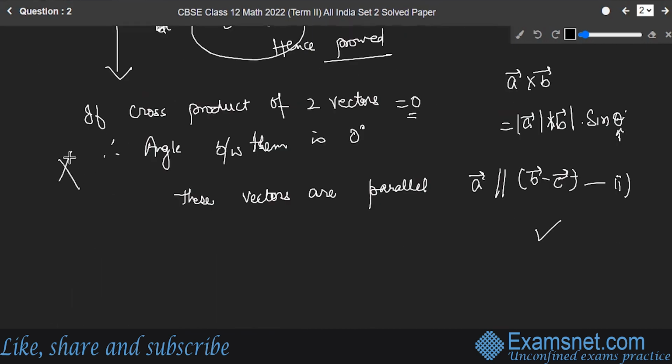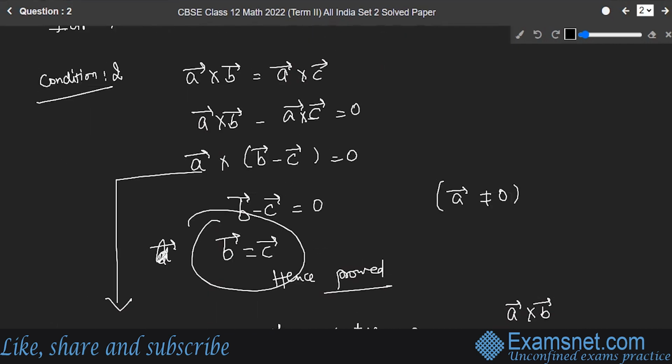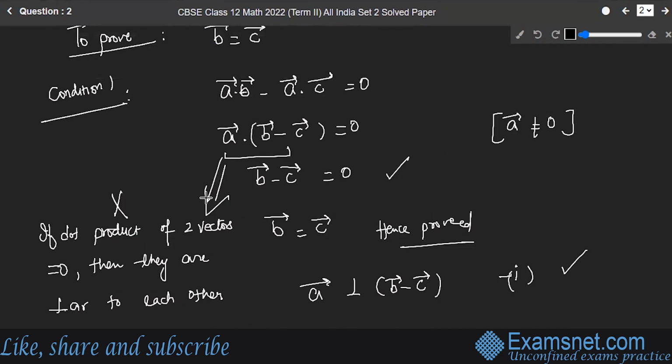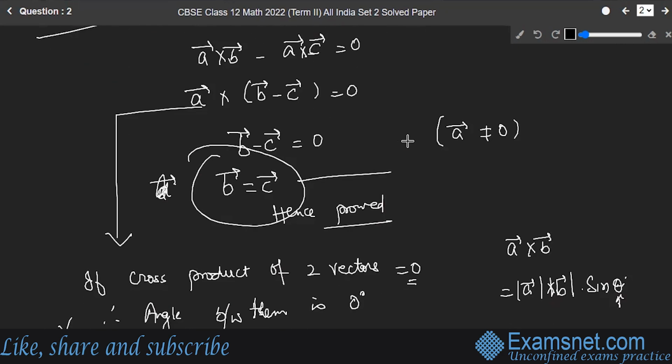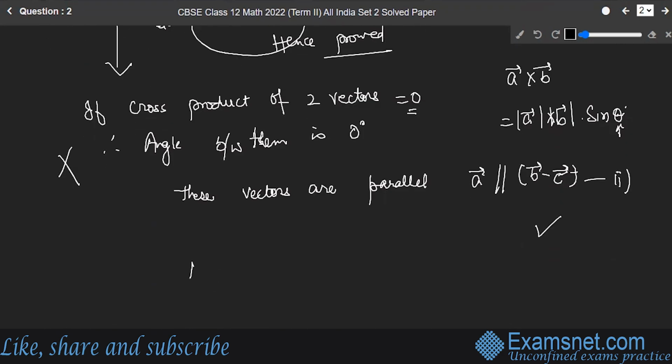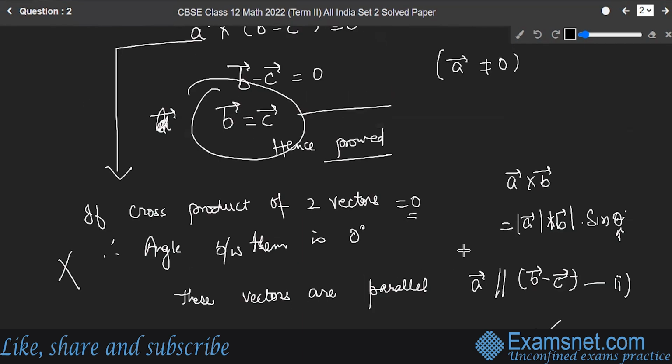The only thing that prevails in both cases is B is equal to C. Therefore, for sure, B vector is equal to C vector. That's it. The angle between A and B minus C is not equal, and B is equal to C from 1 and 2. Hope you got that. Let's move to the second option.